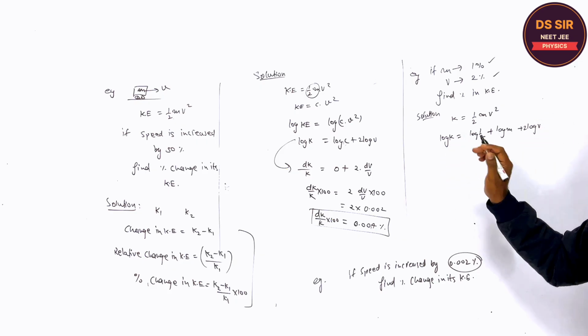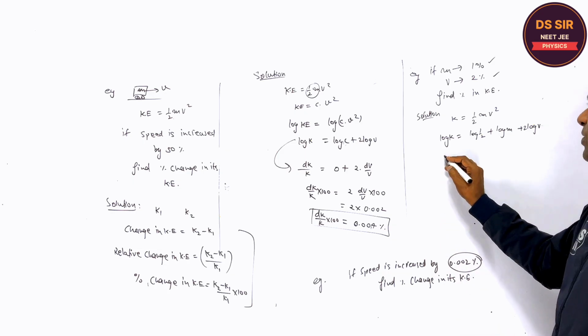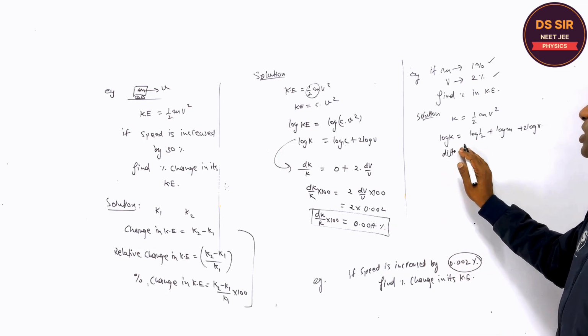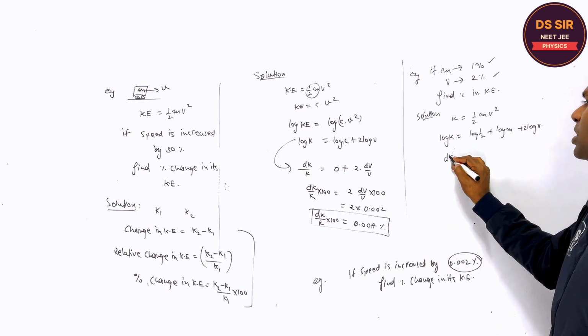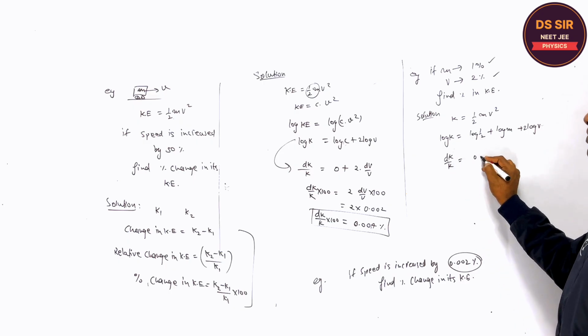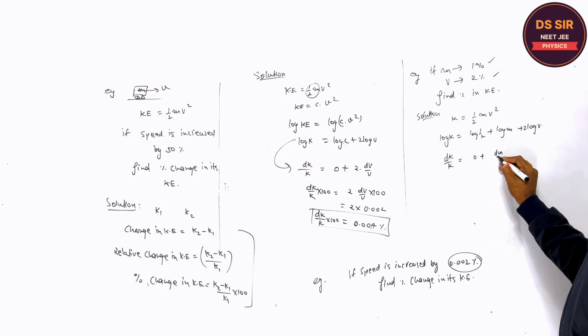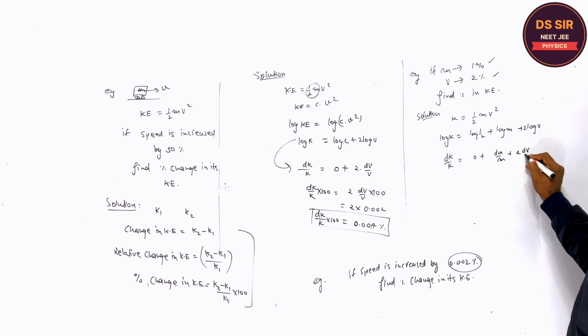Now differentiate. So dK upon K, the differentiation of the constant is 0, plus dm upon m plus 2 dv upon v. Is it clear or not?